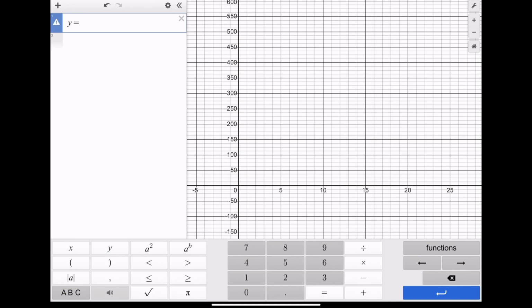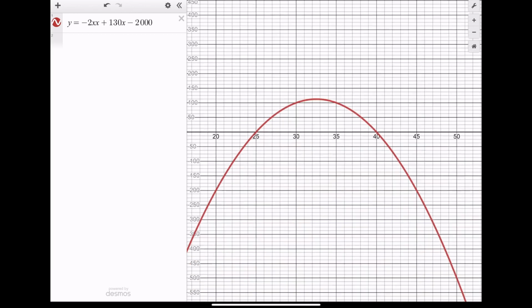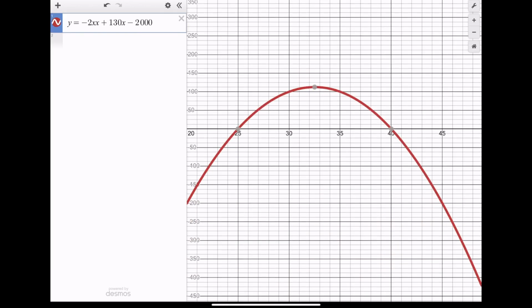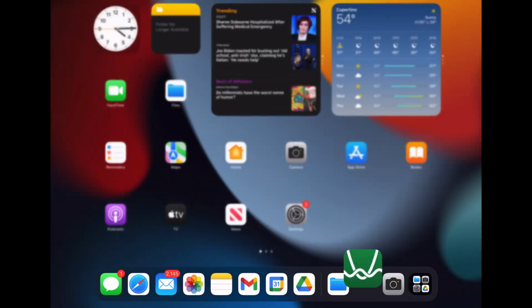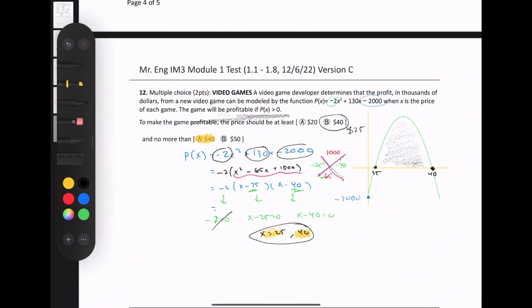You don't need to, but you can put y equals negative 2x squared plus 130x minus 2000. And you'll see our two solutions here: 25, 0 and 40, 0. Okay, so maybe I'll just give you full credit if you had 40, because in version C that was a mistake.